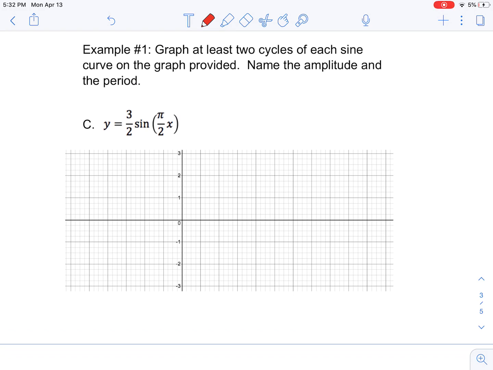So we're going to graph this. This is y equals 3/2 sine of pi over 2 times x. My a here is 3/2. My b is equal to pi over 2. So my period is going to be 2 pi over b, which is 2 pi over pi over 2.